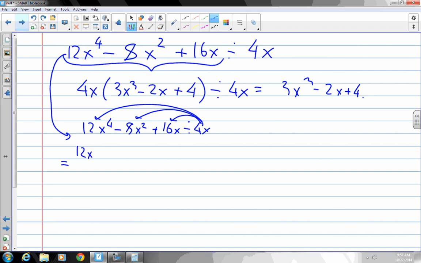You'll get 12x to the fourth over 4x minus 8x squared over 4x plus 16x over 4x. You're dividing each term by that. So that gives you the same thing, 3x cubed minus 2x plus 4. It works well in this type of scenario. Is that okay?